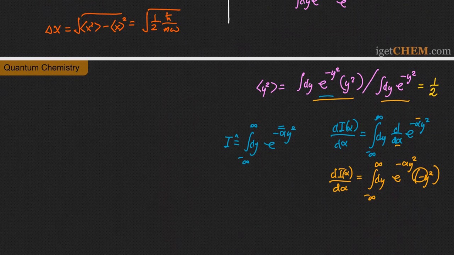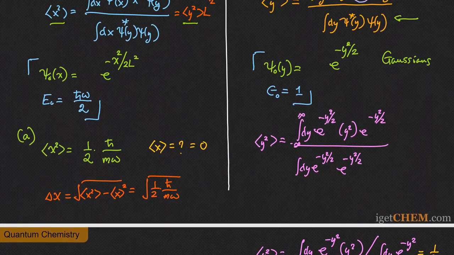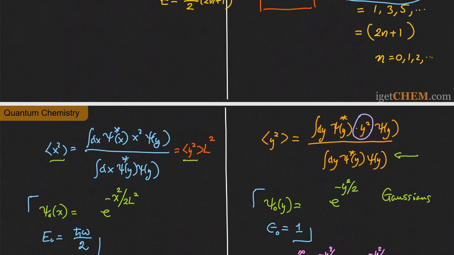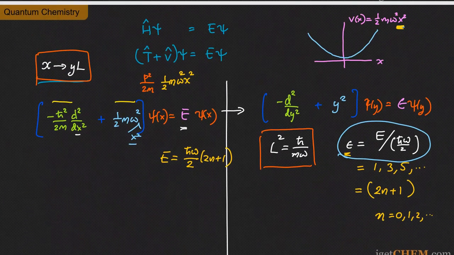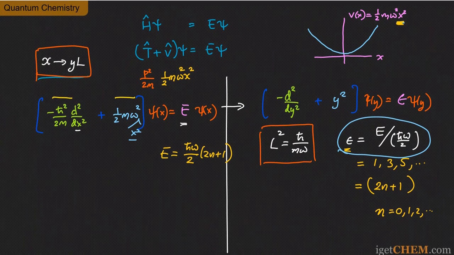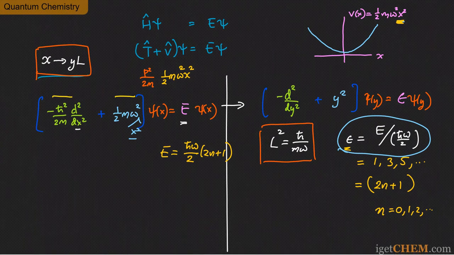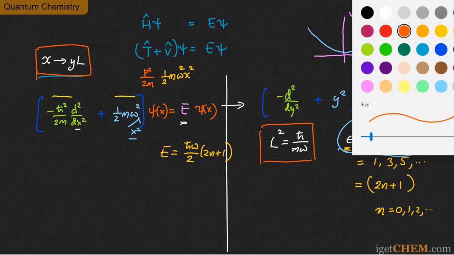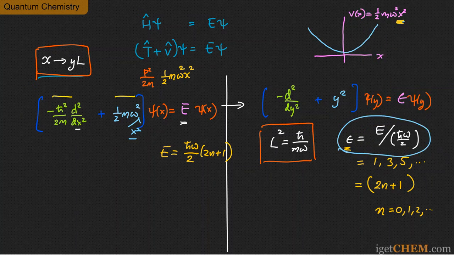What you can do is use the definition of p from the original Schrodinger equation. You can go back here, and you can see that this term in the Schrodinger equation stands for p squared over 2m.